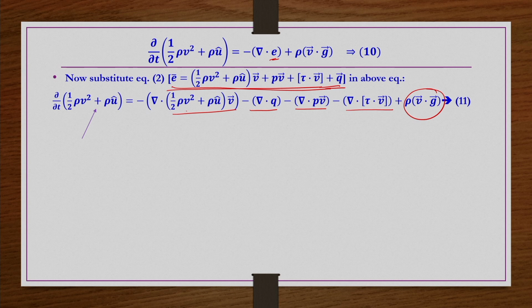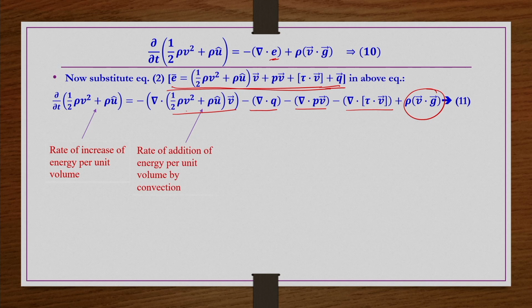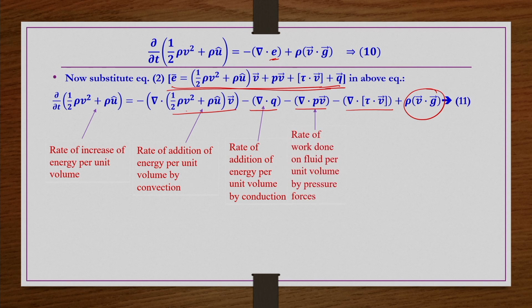Now what does each term indicate? The first term indicates the rate of increase of energy per unit volume. The next term indicates the rate of addition of energy per unit volume by convection. This term indicates the rate of addition of energy per unit volume by conduction, and then this term indicates the rate of work done on fluid per unit volume by pressure forces, and then the rate of work done on fluid per unit volume by viscous stresses.